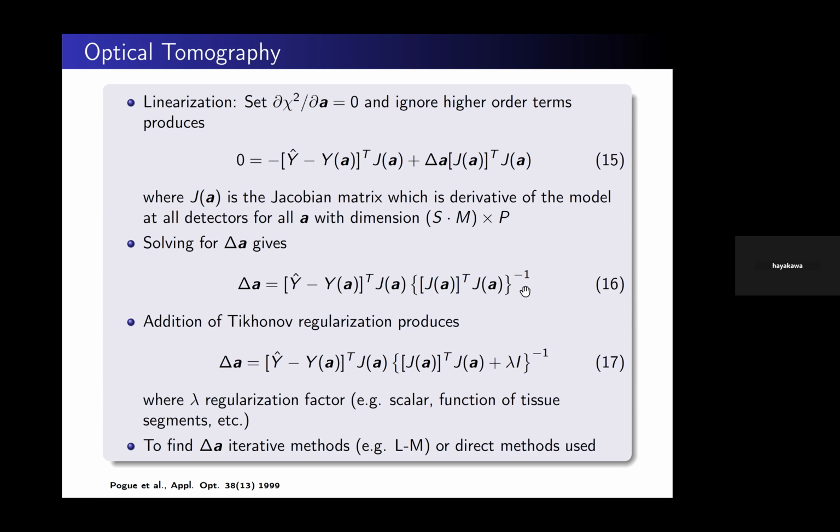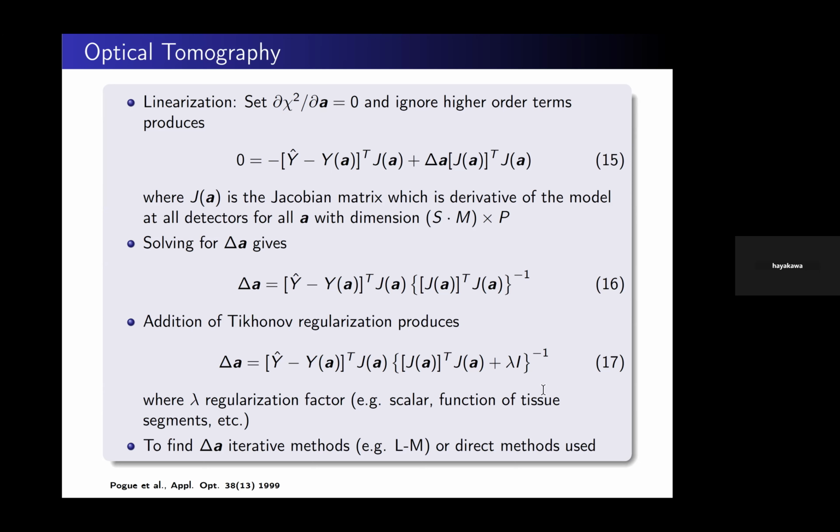So what Tikhonov regularization does, like the Levenberg-Marquardt, is add a lambda factor along the diagonal. This is called the regularization factor. Sometimes it's a scalar, meaning it's the same lambda along the whole diagonal.